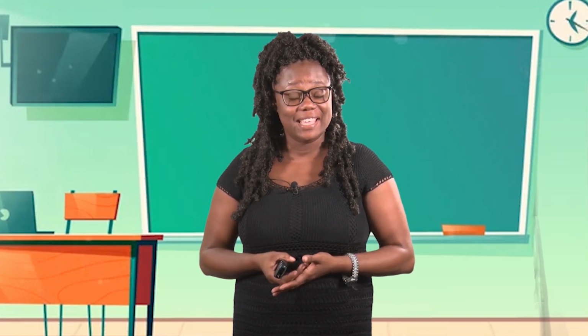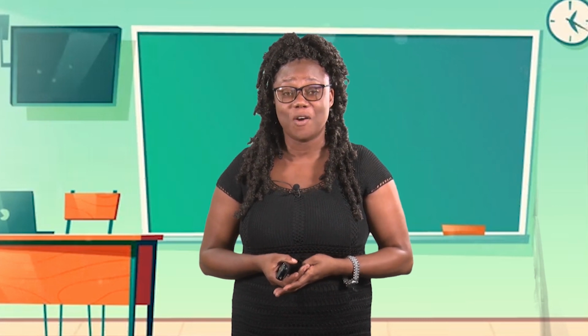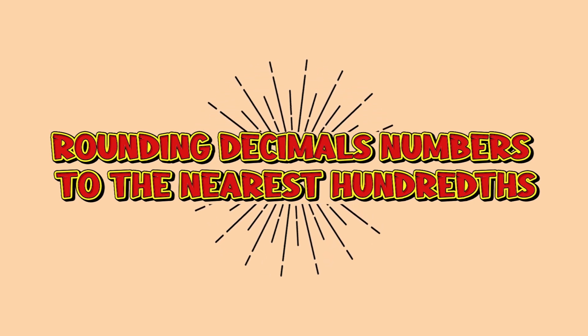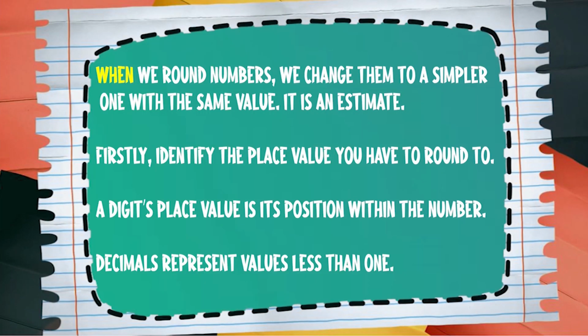My name is Miss Yulita Brown Phillips, and today the topic we will be focusing on is rounding decimal numbers to the nearest hundredths. Now, when we round numbers, we change them to a simpler one with the same value.